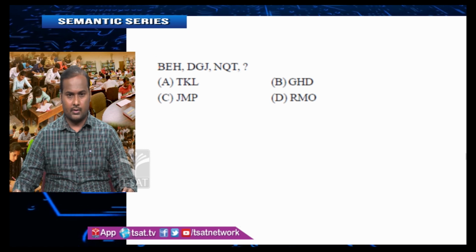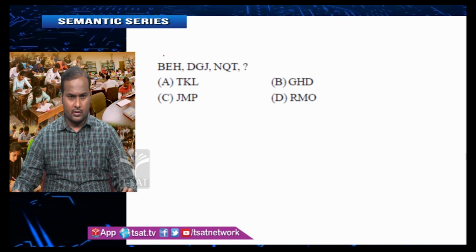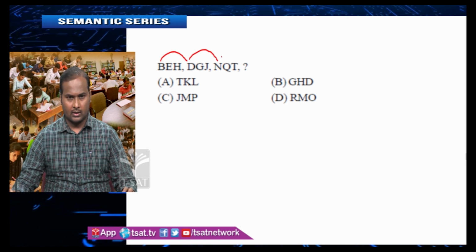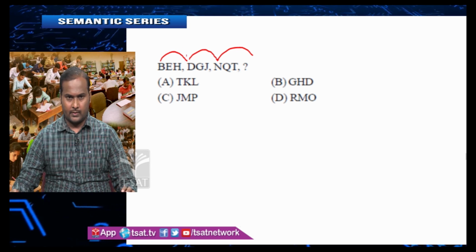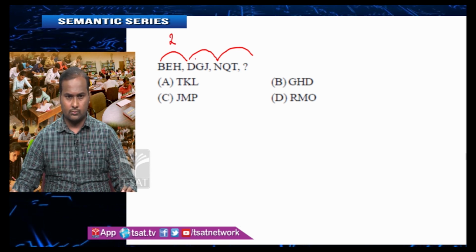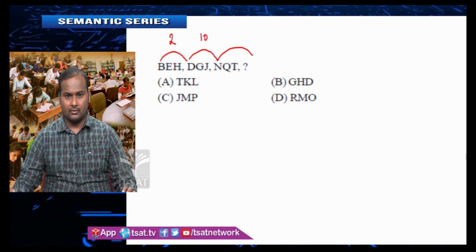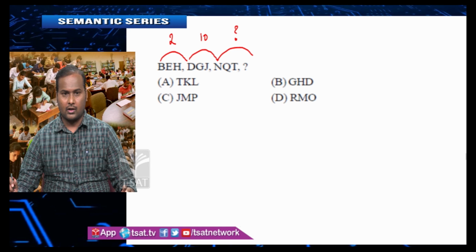In this question also, it's a mixed series with respect to alphabets. Here we have B to D to N, and the next one we need to find out. B to D is increasing by 2, D to N is increasing by 10. We don't know what the next change is, and we can't predict it from here.